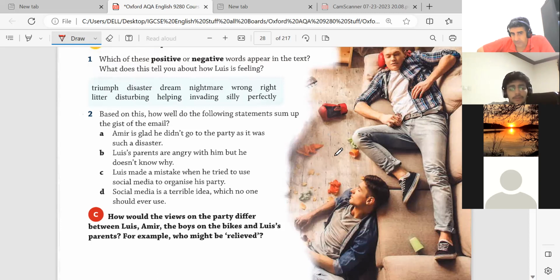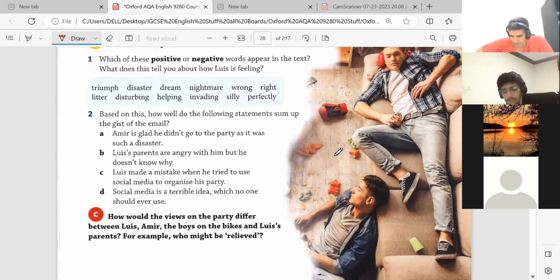What does triumph mean, first of all? Triumph. Who can answer, guys? Who can help Akram? Triumph. I don't have an idea. Okay, Muhammad. Triumph, Akram, like victory, meaning success.